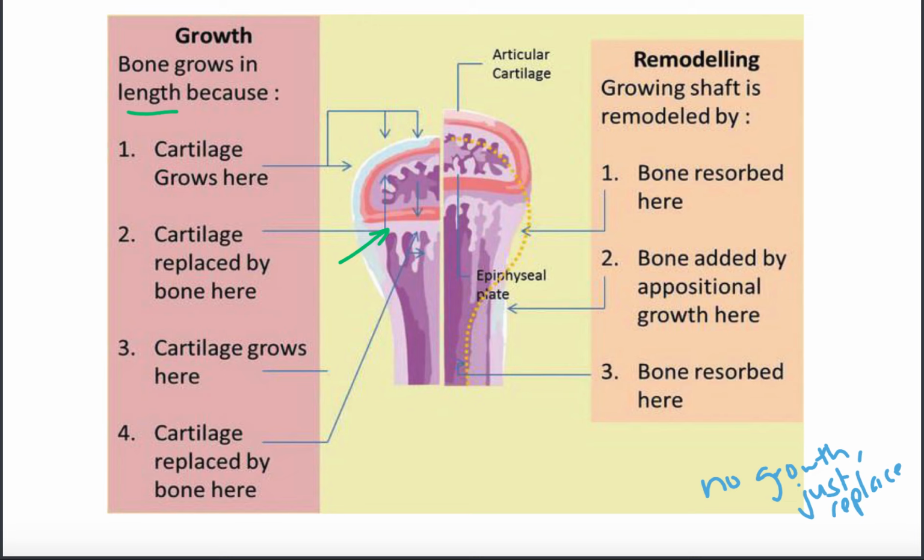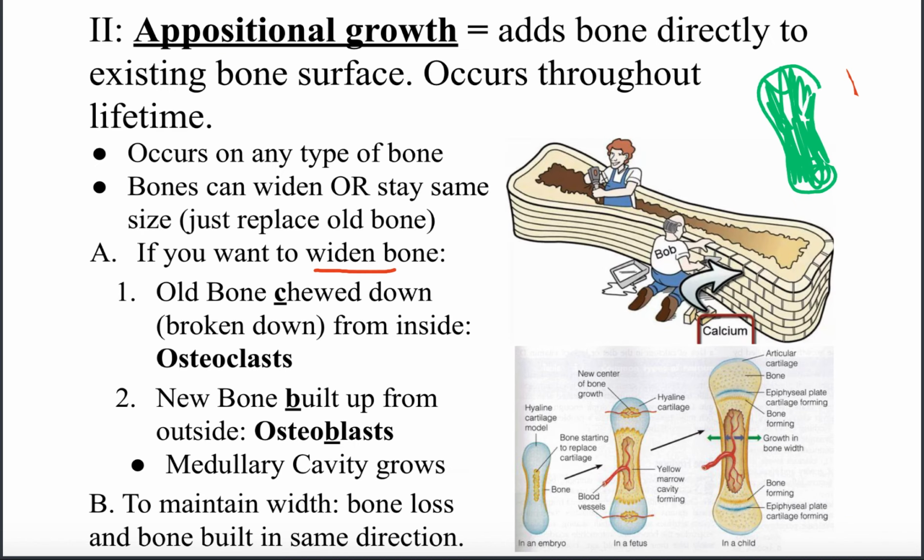You are growing bone, but you did remove some bone in the first place if you're doing remodeling. Or you can do appositional growth and cause widening, which is a kind of growth in terms of diameter, depending on what you're doing. Okay? So, just a heads up. Appositional growth is adding new bone, but you may actually not have a bigger bone at the end of the day if you're just replacing what you already removed. Or you can have a wider bone, again, depending on how you lay it down.